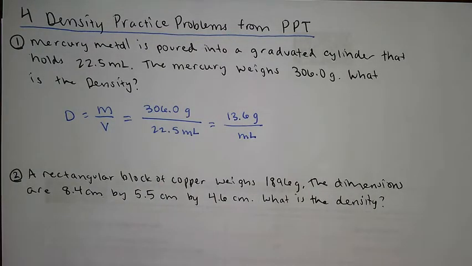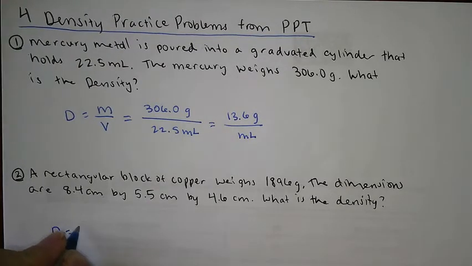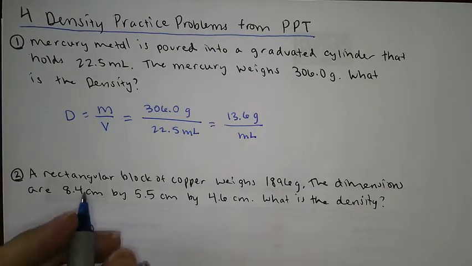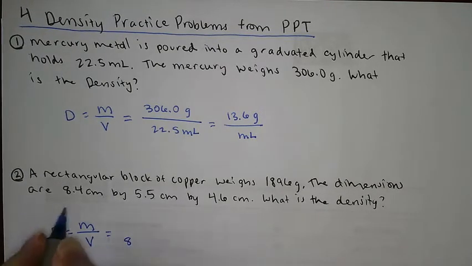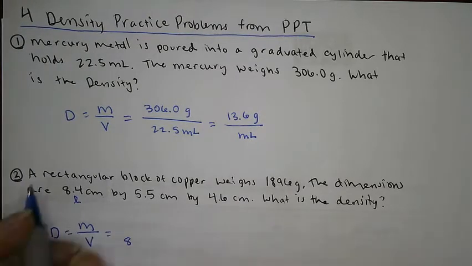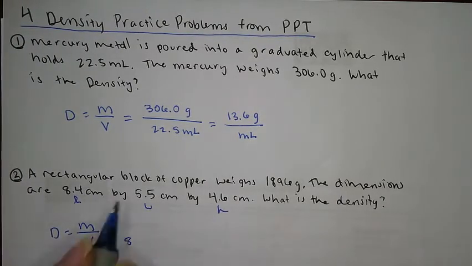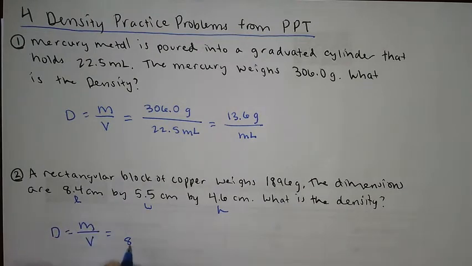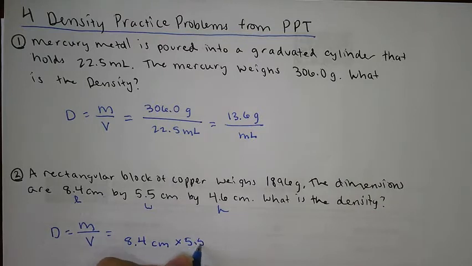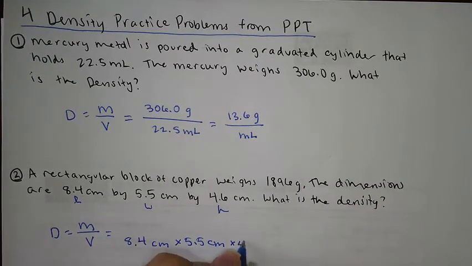Okay, so that's that. Number 2, a rectangular block of copper weighs 1,896 grams. The dimensions are 8.4 centimeters by 5.5 centimeters by 4.6 centimeters. Once again, we're looking for density. The only difference between this problem and the previous one is that volume is not explicitly given, but we can find it by taking, let's say the 8.4 is the length, the width, the height, multiply those all against each other, you get the volume. So 8.4 centimeters times 5.5 centimeters times 4.6 centimeters.